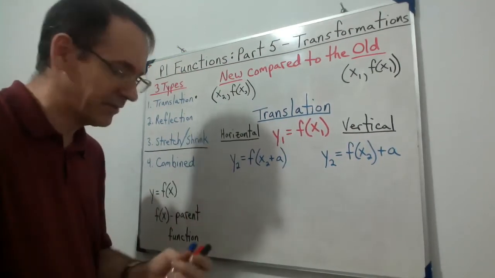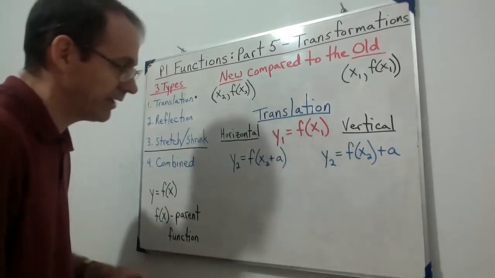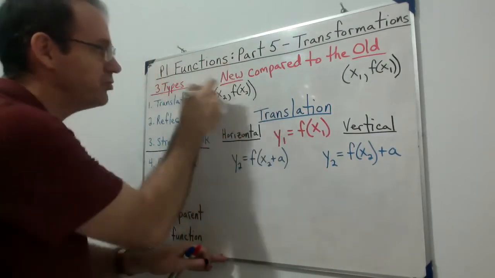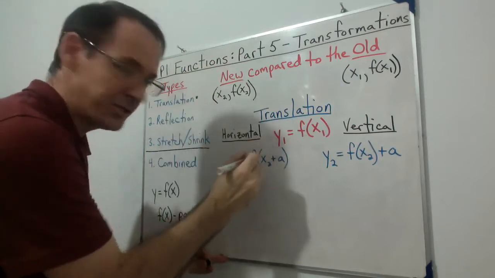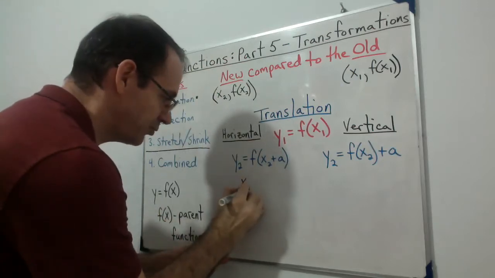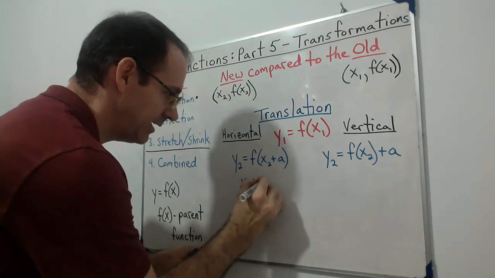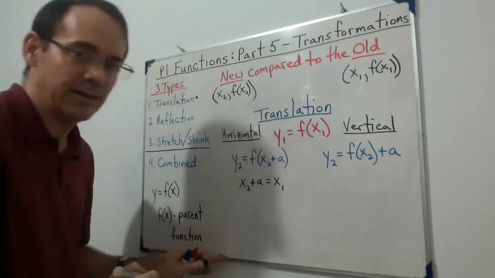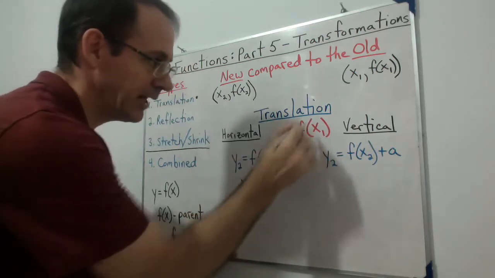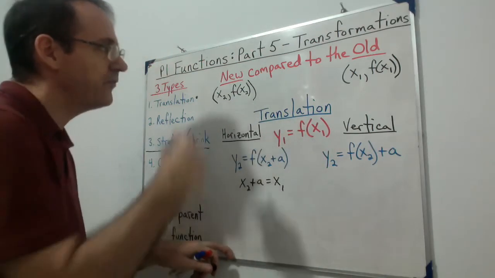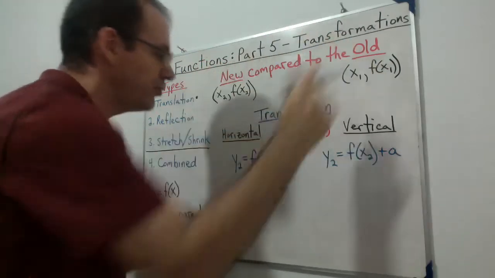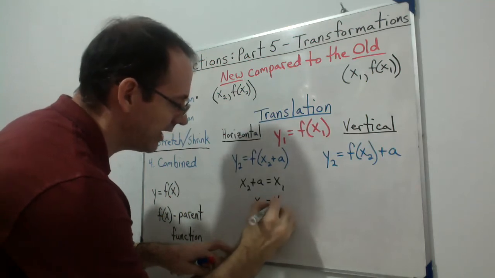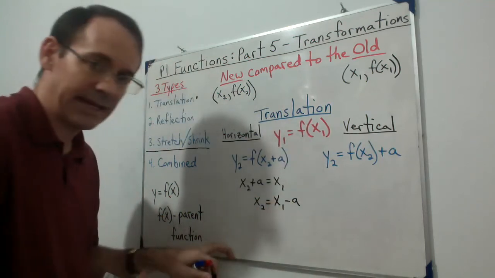Now, how do we think this through? Well, what you do is this new one, this is your new function, x2 plus a, replaced your original x. This in here replaced that. So if we compare the new to the old, that means our x2 is equal to x1 minus a.